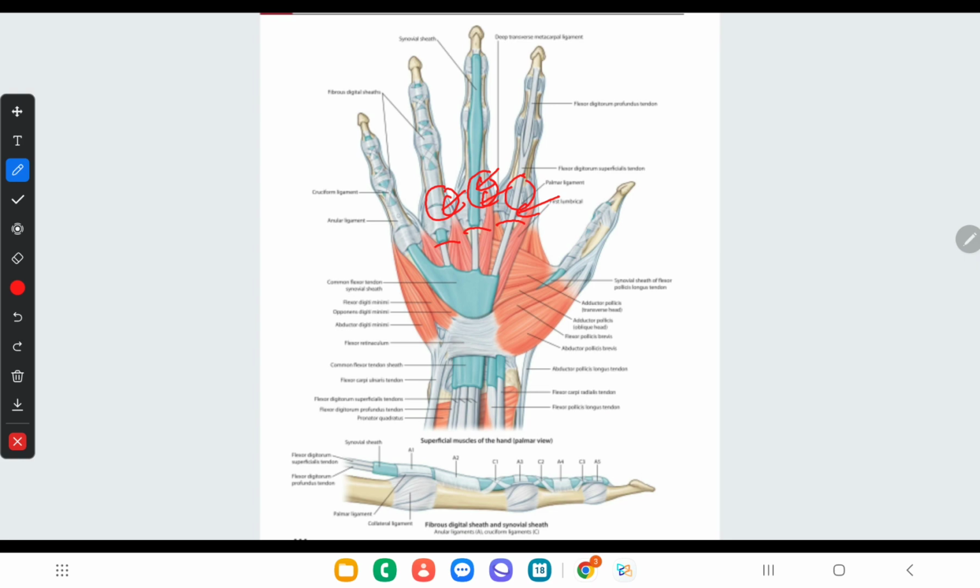But you can see the synovial sheath of the fifth finger and thumb extend proximally beyond the metacarpal head up to the palm. They are the ulnar bursa and radial bursa.